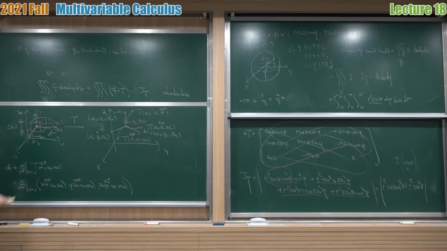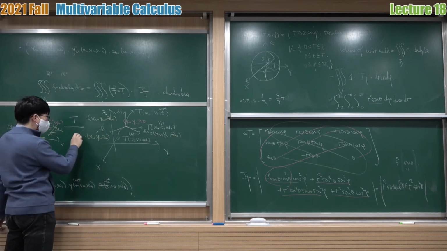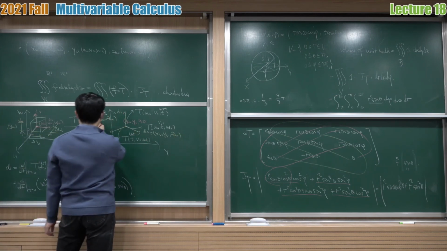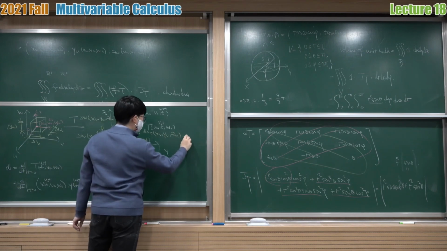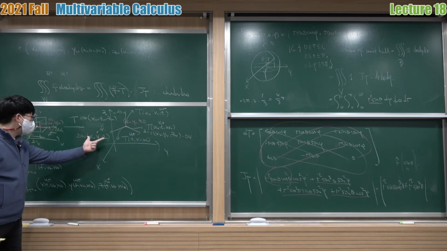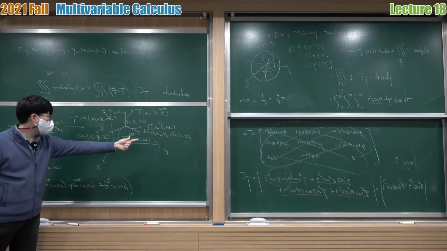And then this is the speed, but how far I actually go when I change my time from delta u, delta v, delta w is multiplying this amount, the size of each vector, by a multiple of delta u, delta v, delta w.